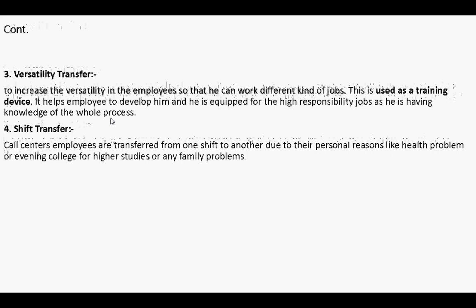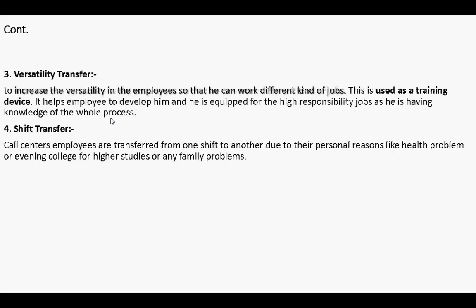Versatility transfer. This is a unique transfer. The employee can work in different kinds of jobs. He wants challenging jobs because he has such great talent.